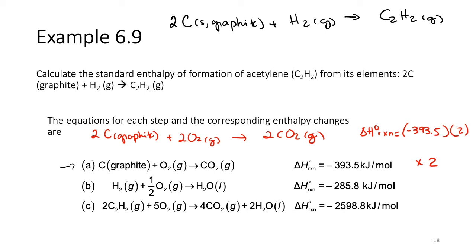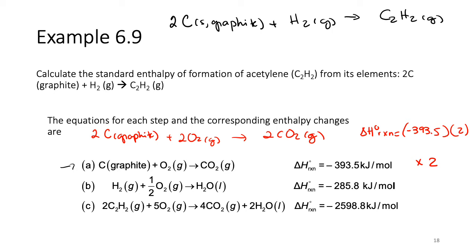Then I look at the second equation. I need to have H2. I have H2. I need to have 1 mole of H2. I have 1 mole of H2, so I am good. I don't do anything else. I let it be. Let it be.